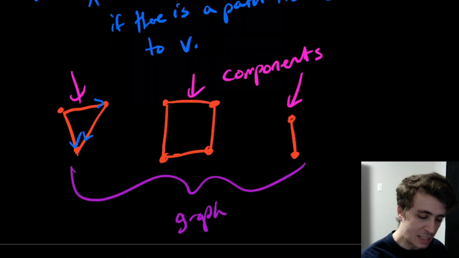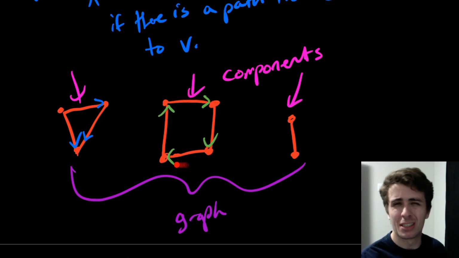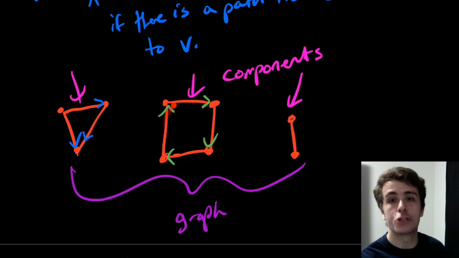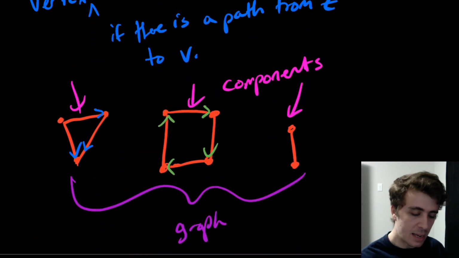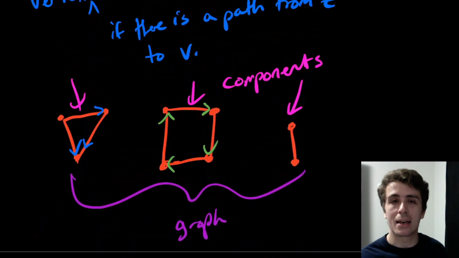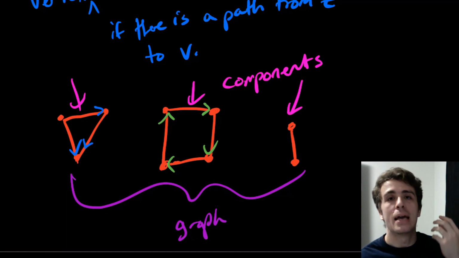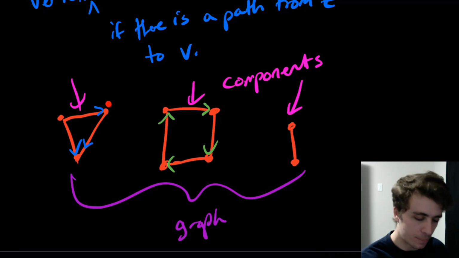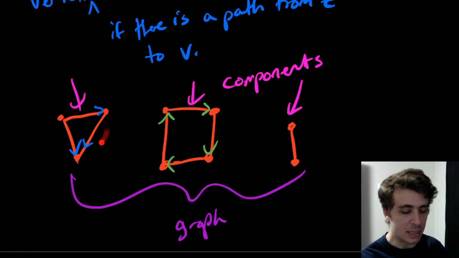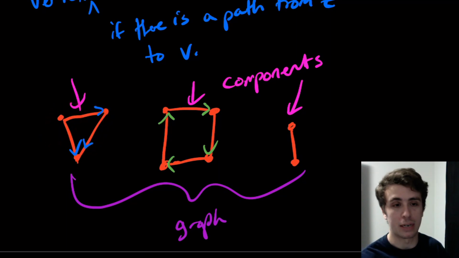But if I instead said I'm going to have edges where the directions go around in a clockwise way, then this is strongly connected because every vertex can reach every other vertex. And it's also weakly connected. So every strongly connected component already is a weakly one, but not necessarily the other way around. So this is weakly because in the original one, it was all connected. But in this case, the directions screw that up for this vertex right here.